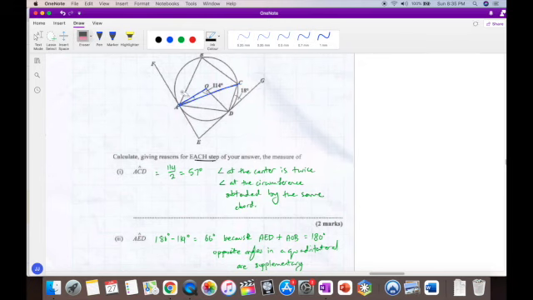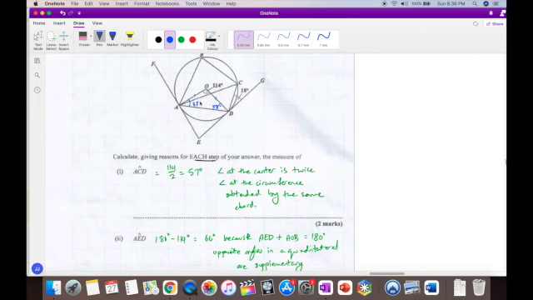So let's see how we could find this angle. Well, I know that this here is an isosceles, right? So that means that these two angles here are going to be 33 degrees each.